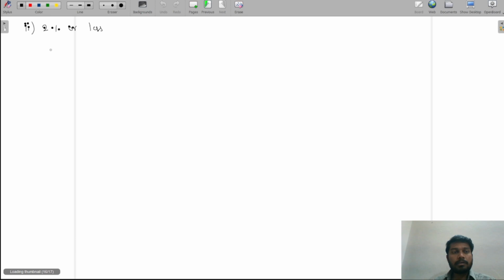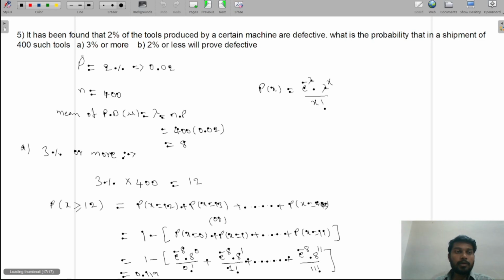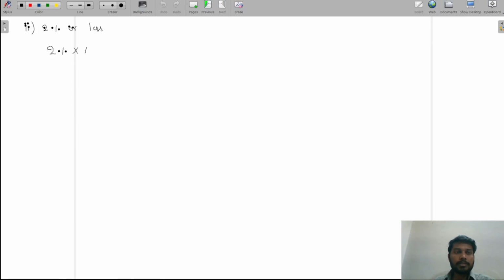So how can I convert this percentage to an integer? 2% of how many tools are we finding the probability for? 400 such tools, right? So 2% into 400. Okay, then what will be the answer? 2% of 400 is nothing but 8.